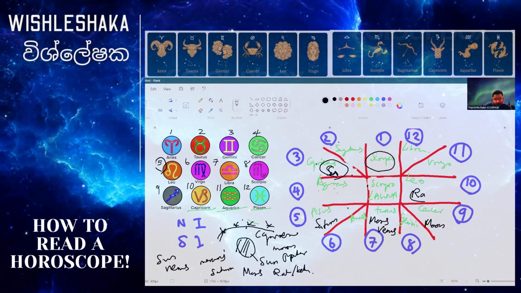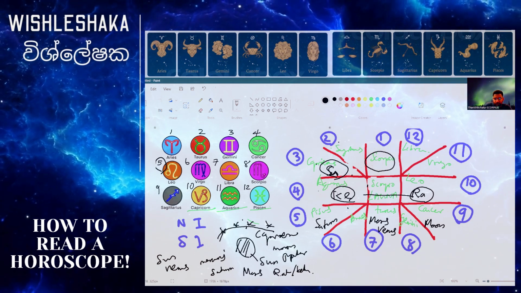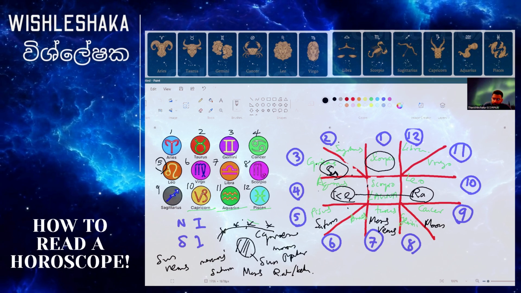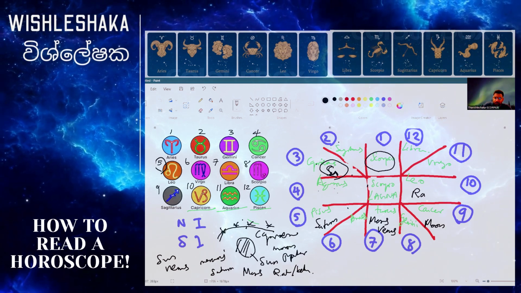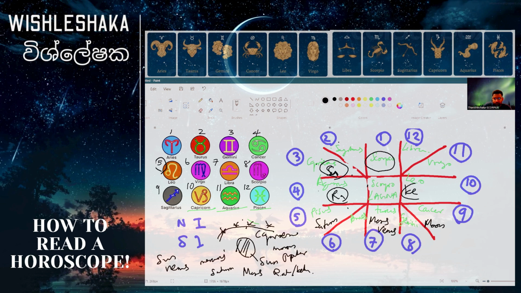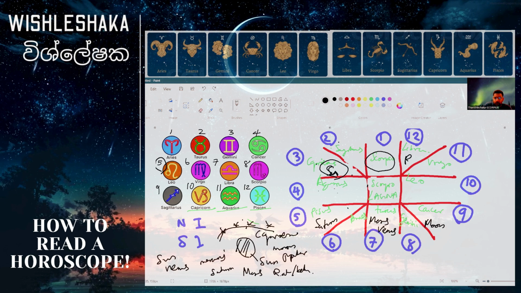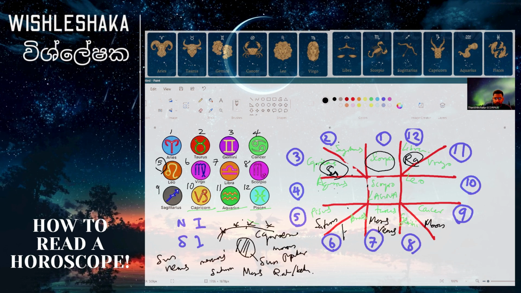If Rahu was in Leo, Ketu should be directly opposite to Rahu. That is like astrology 101: if Rahu was here, Ketu should be here, directly opposite.